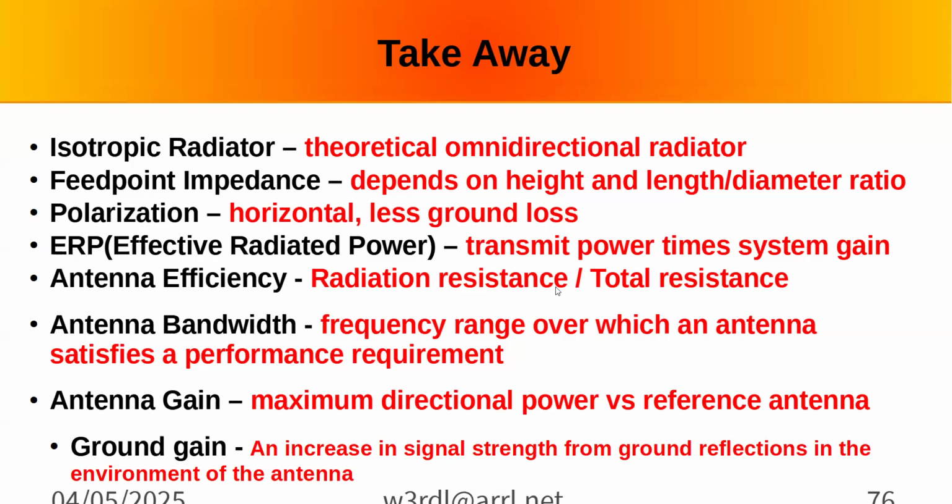Gain is defined as the maximum directional power versus some reference antenna, dipole or isotropic. Ground gain was the increase in signal strength from a ground reflection, which helps a horizontal dipole. It doesn't help a vertical.